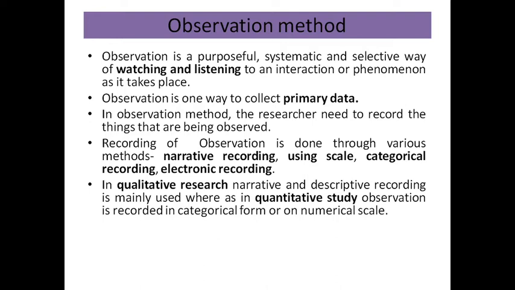In electronic recording, the things that are being observed are recorded in some electronic device or electronic means, and if in future those observed things need to be stated or researched again, then the device can be played and the things can be recovered again by the researcher or by the observer.